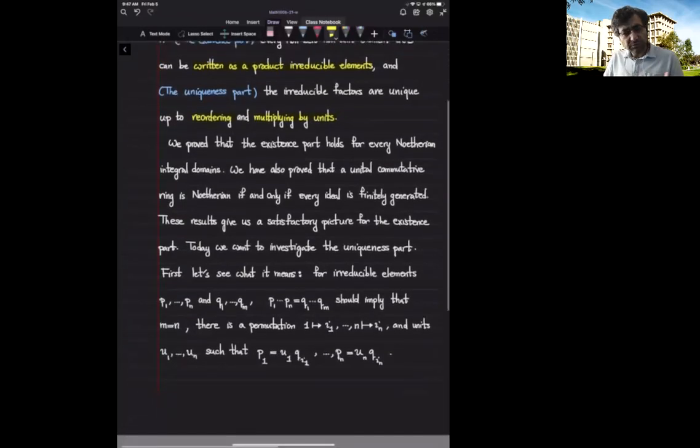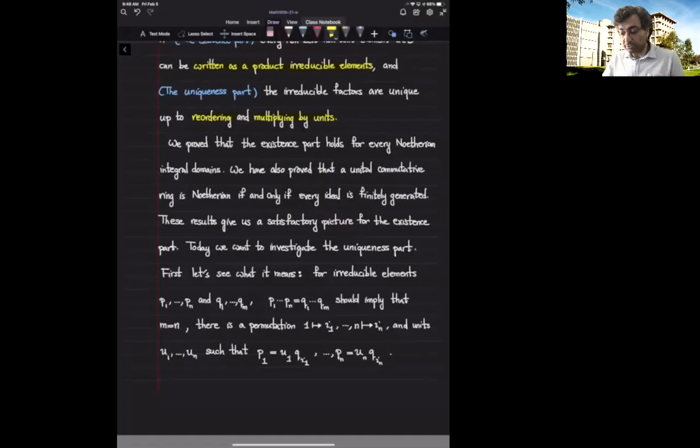And we also proved the existence part essentially by dividing and dividing again and again, and then we produced a chain of ideals, ascending ideals. And then we said a ring is Noetherian if every ascending chain of ideals terminates. We call that a Noetherian ring.